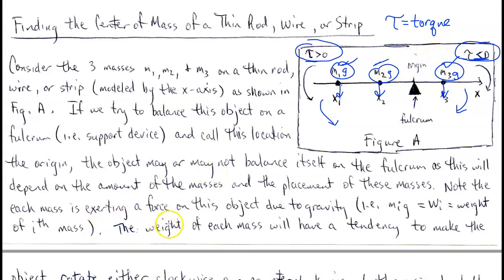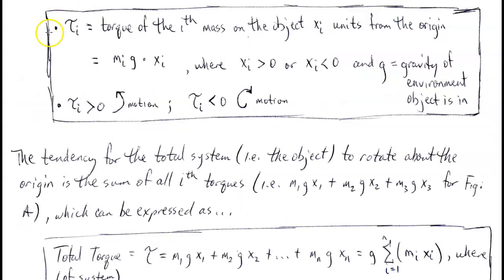All right, so let's move forward and see how we're actually going to, from a math standpoint, figure out the total torque of the system, and from that, try to get to the center of mass. Here we're looking at the different torques being applied based upon the mass, and I'm just calling that T sub i here.